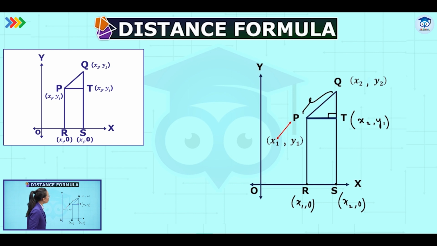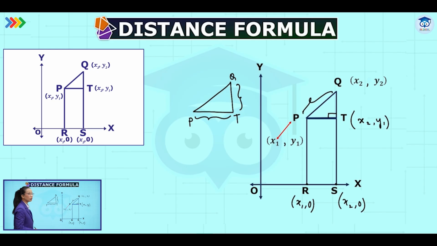Now to use the Pythagoras theorem, look at this triangle. We need this distance, that is PT, and this distance, that is QT. Now the PT distance is the same as the RS distance because we know that here we have a rectangle, right?